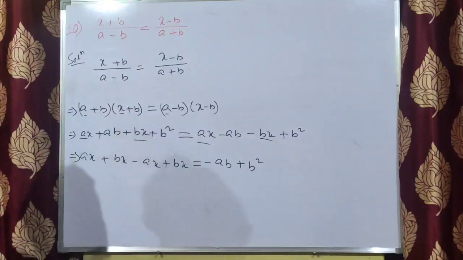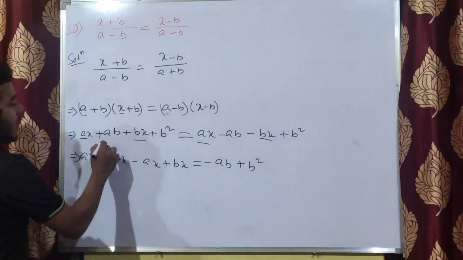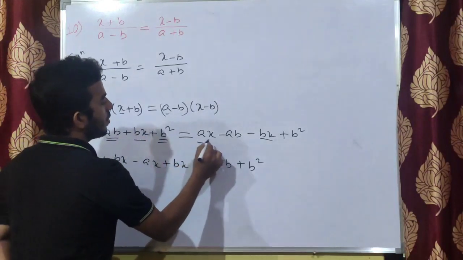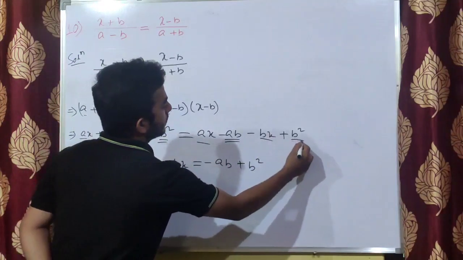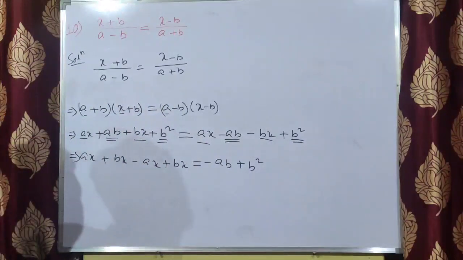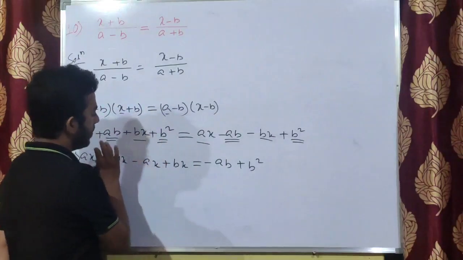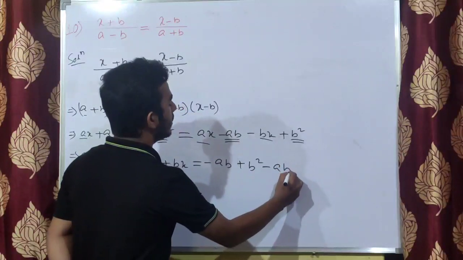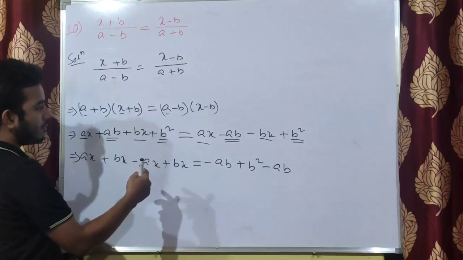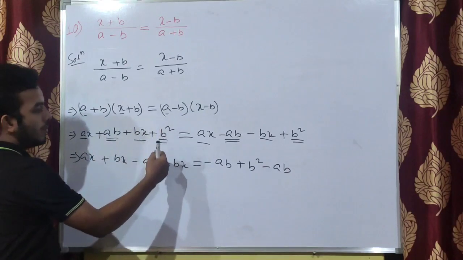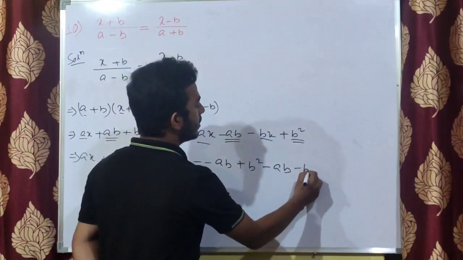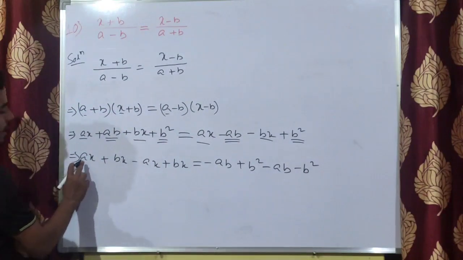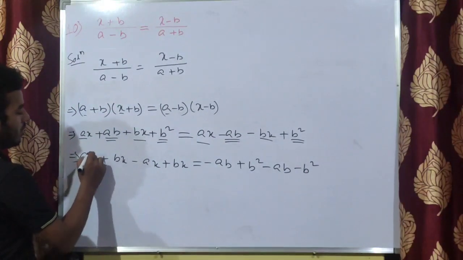Now ab and b square are without x. So if we take plus ab to the right hand side, it will be minus ab, next plus b square, it will be minus b square. Now look here, plus ax minus ax will get cancelled.